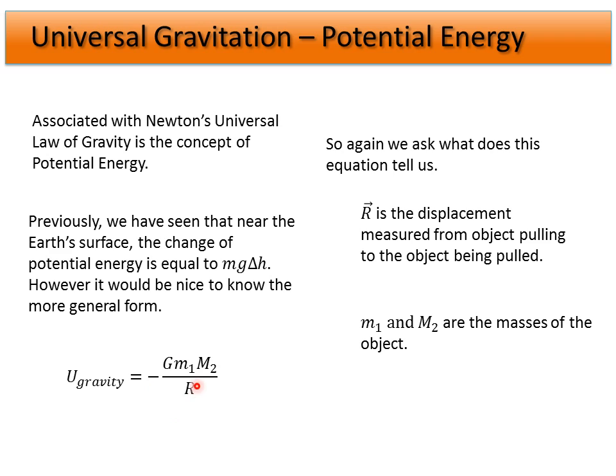Which means if we put in an infinitely far separation between these two objects, we would expect our gravitational energy to be 0. Since r is going to be a positive value, it might have a direction, but it is just the magnitude here. Since r is a positive value, our gravitational potential energy is always going to be a negative value.